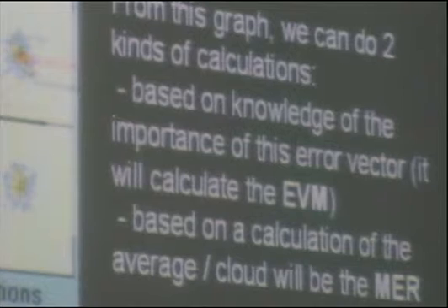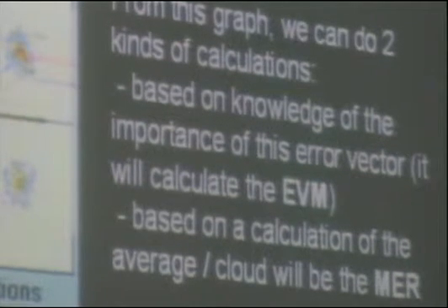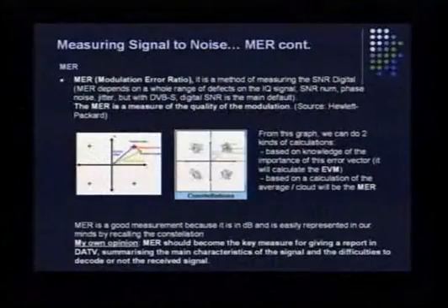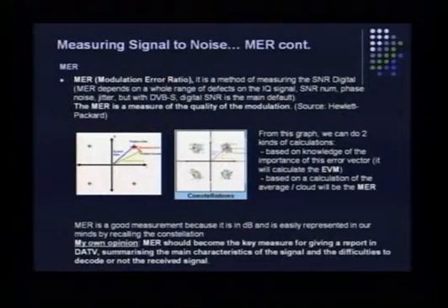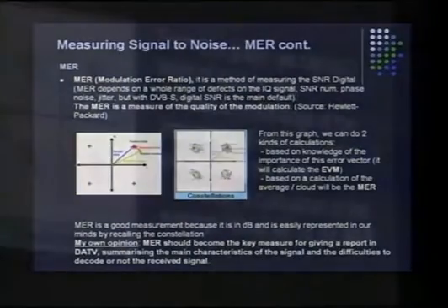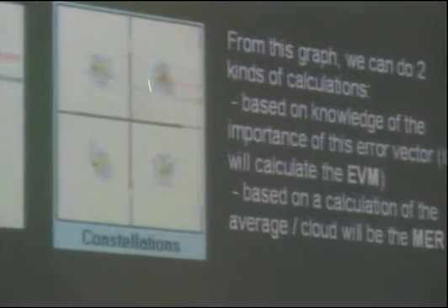It's the first method to show the dispersion of the points in the quadrant. The second method is to do an average. We do an average on the cloud, and this is the MER.